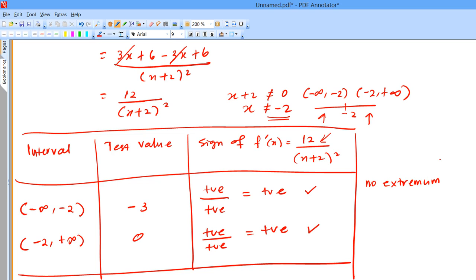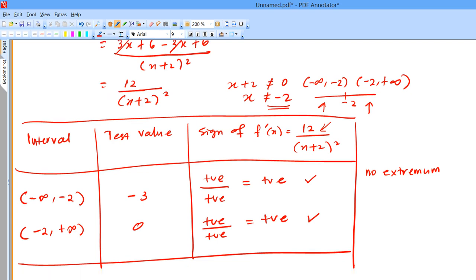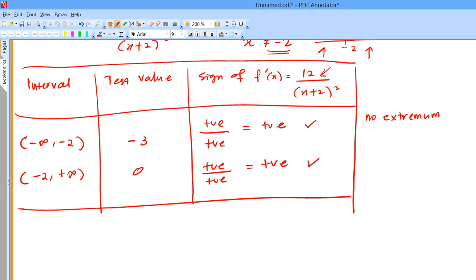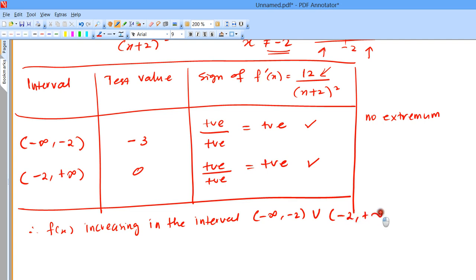No extremum means no minimum point and no maximum point. So we can make a conclusion here: f(x) is increasing in the interval negative infinity to negative 2 union negative 2 to positive infinity.